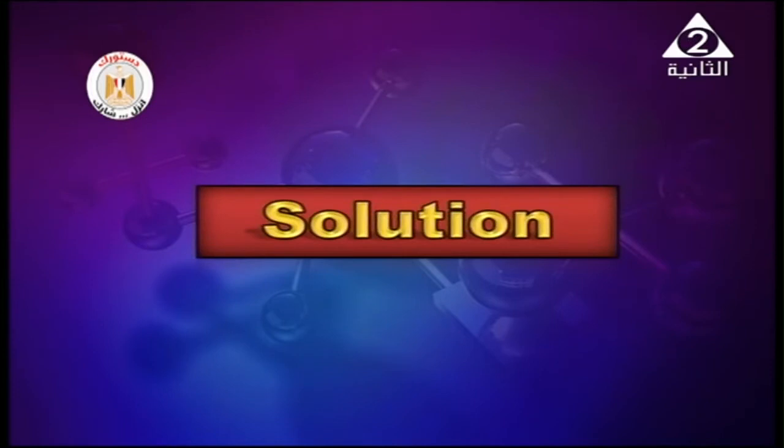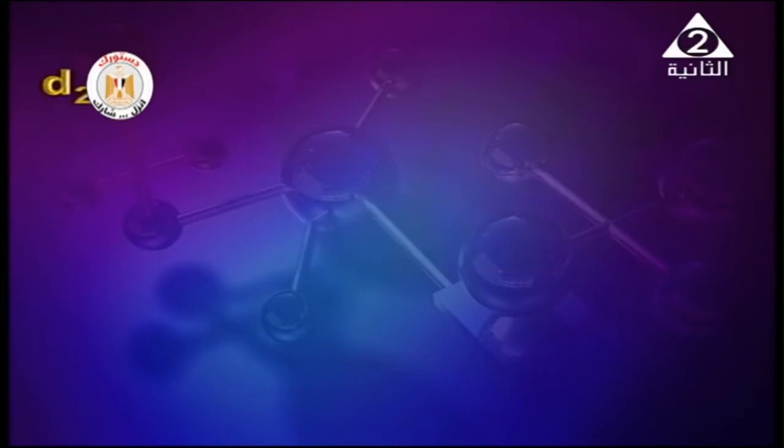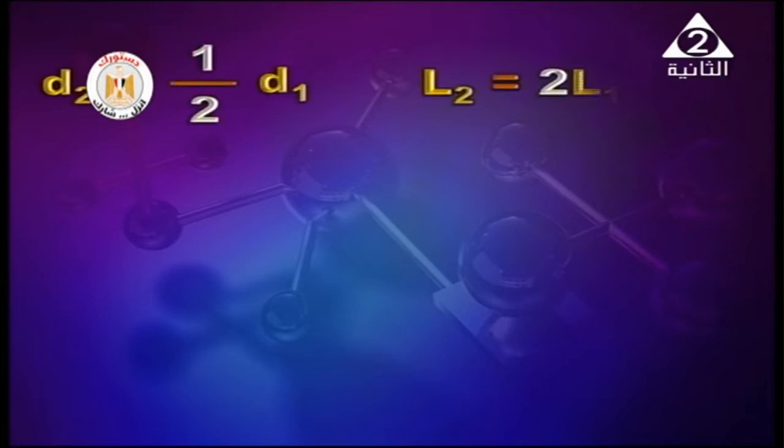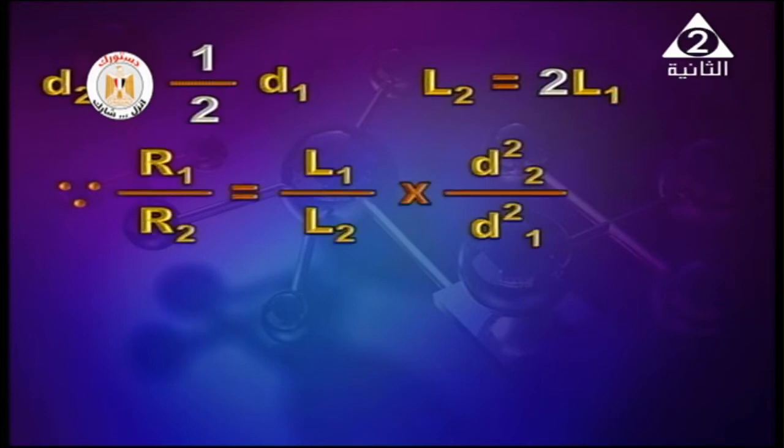Okay, so what's given in the problem? Second diameter equals half D1. Length of the second resistor is twice that of the first. It is 2L1. So R1 over R2 is equal to L1 over L2 times D2 squared over D1 squared. Resistance is directly proportional to the length, but inversely proportional to the area.